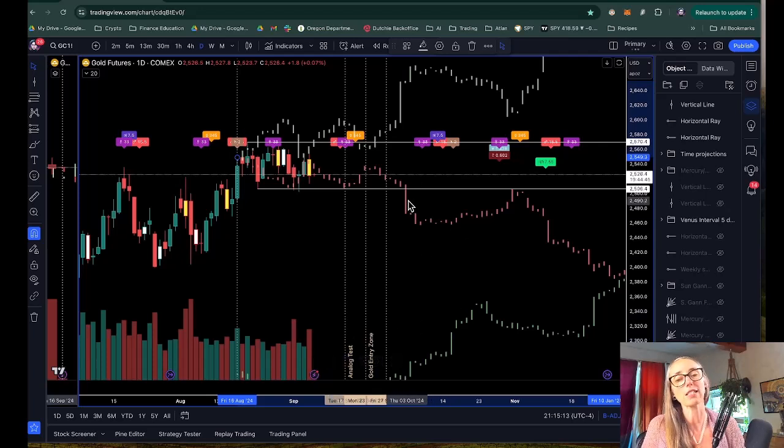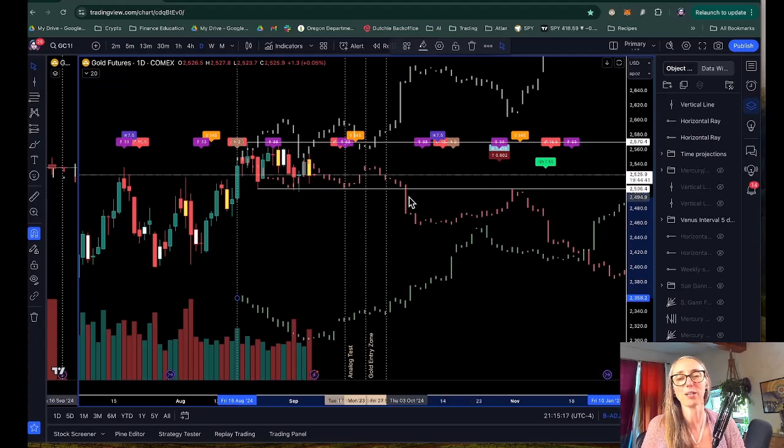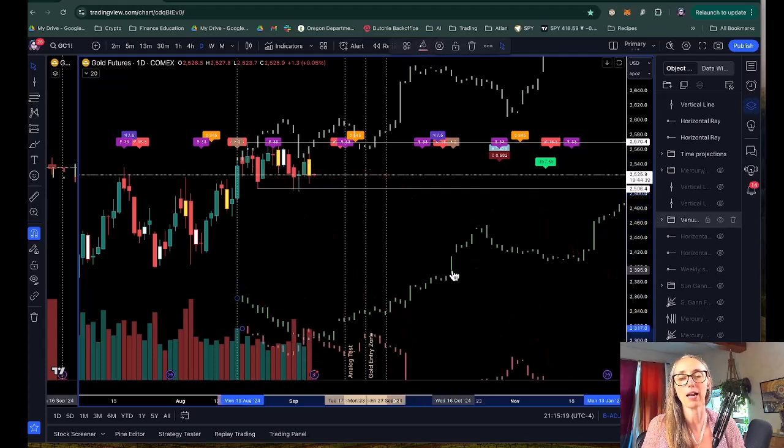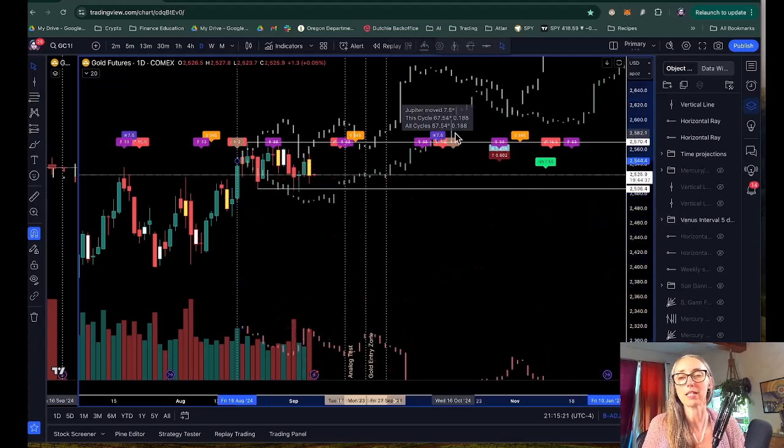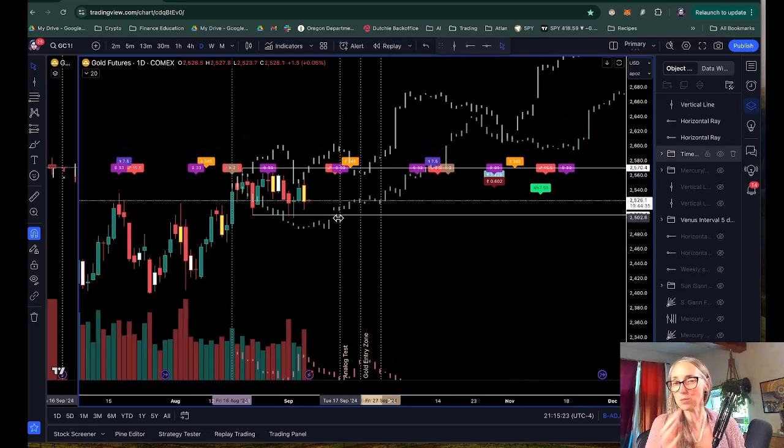Let's take one last look real quick at this, the rogue analog that I haven't ruled out completely yet, although it's not my bias. I just want to name it. So in this case, this one is a little bit different. In this case, we would make a low by the end of this week. And then we would see a major move up next week.